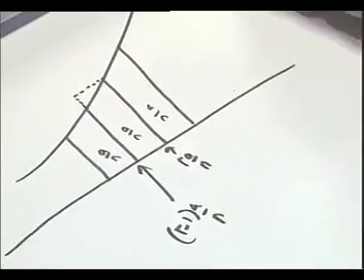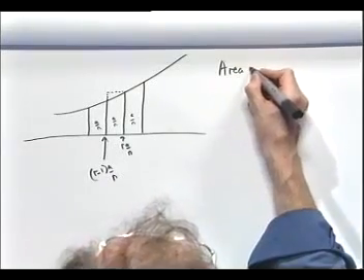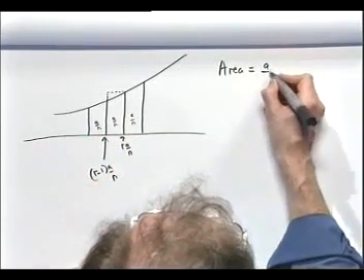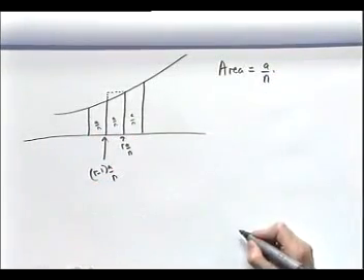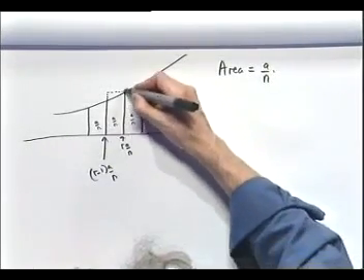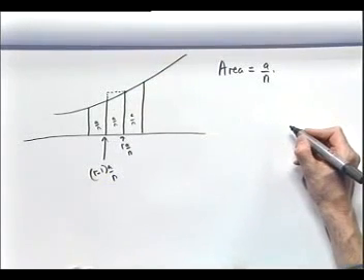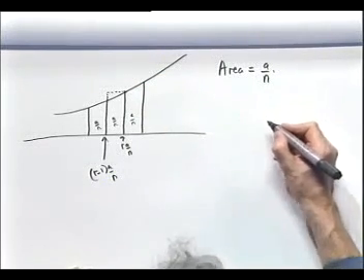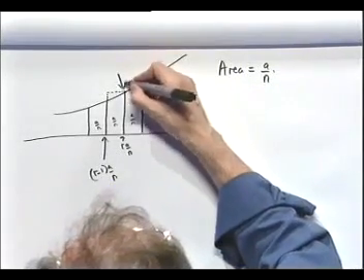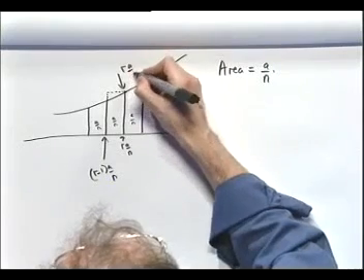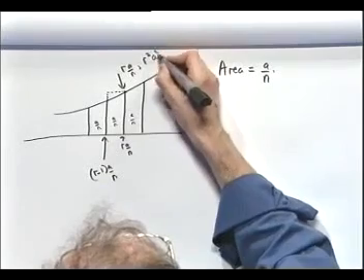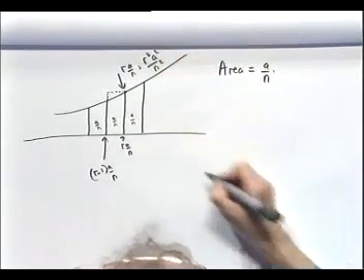Well, the area of that rectangle equals its width, which we know is A over n, times its height, which is this y coordinate here. And remember, this is the curve y equals x squared, and so the coordinates of this point are rA over n, and then we must square it, r squared A squared over n squared.